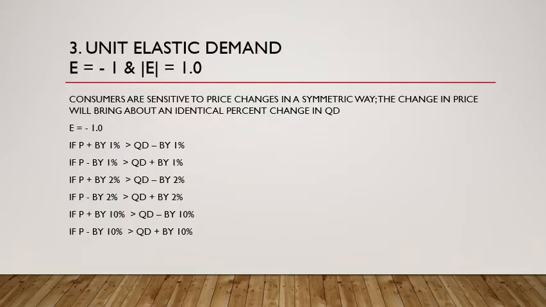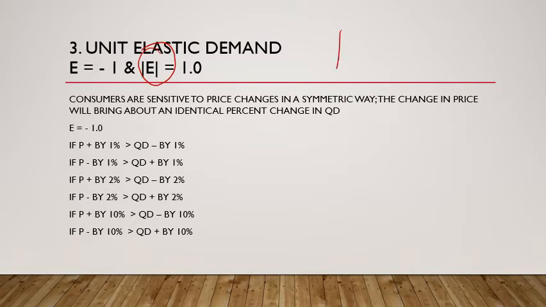And now we come to type 3, unit elastic demand. There, as you see, the price elasticity of demand coefficient is equal to negative 1.0, and in absolute value terms, you see those bars again, right?